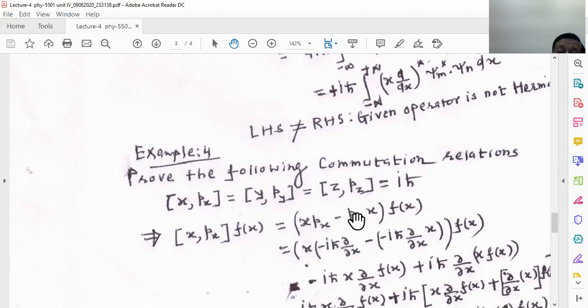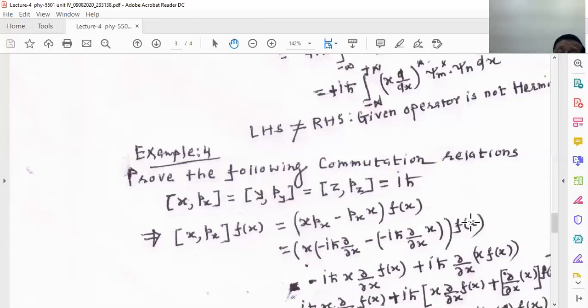Again I have a px, so again I have an operator correspondence for px. So I write down minus iħ del by del x, and it is operating on x. And you see this entire term is operating on some function f of x. So let us simplify this.